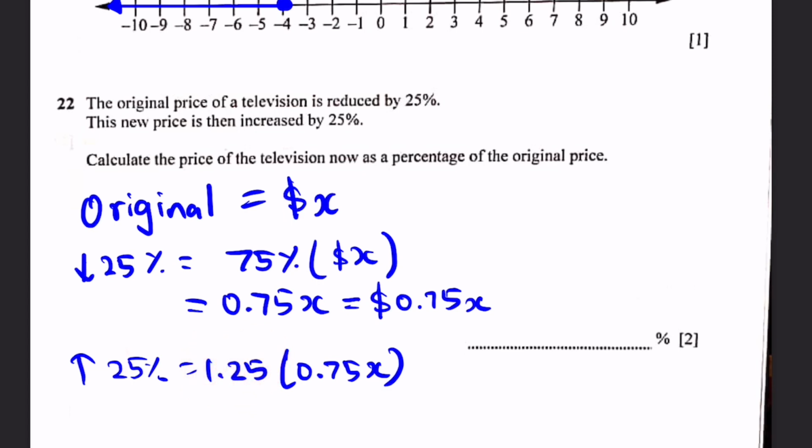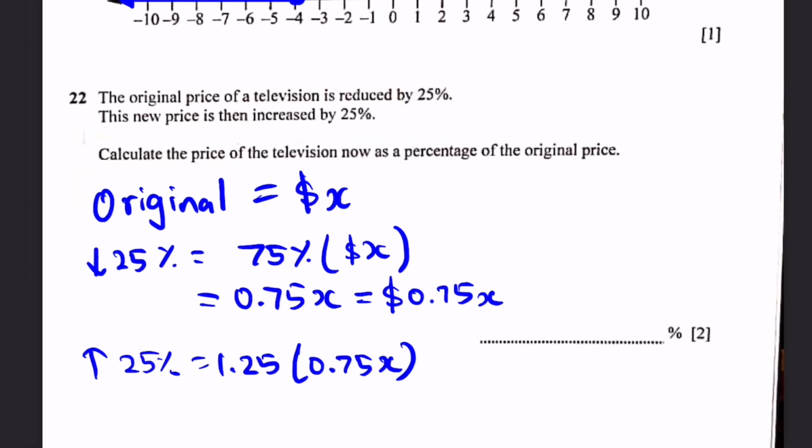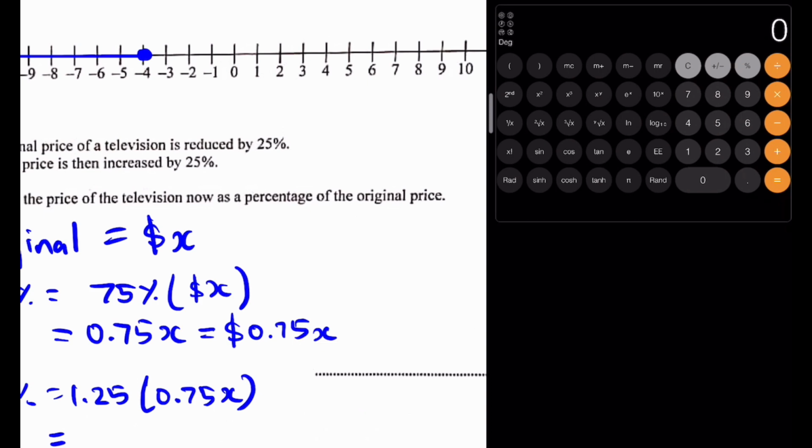So we multiply that by 0.75x, and then this will be equal to, let's take out our calculator, 1.25 multiplied by 0.75. That's equal to 0.9375x.